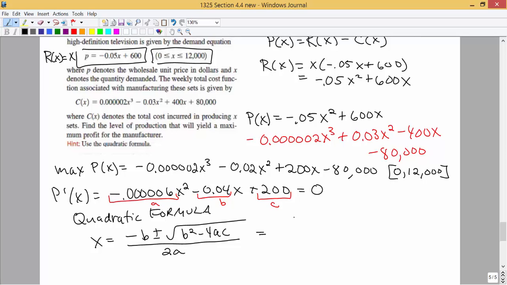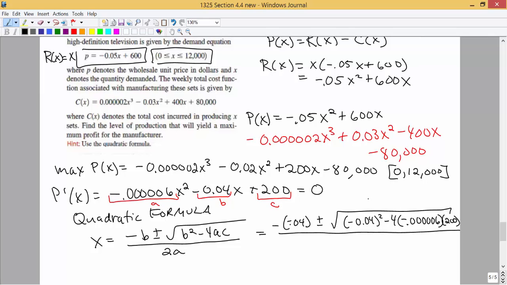So we end up getting minus a negative 0.04 plus or minus the square root of b squared minus 4 times a times c all over 2 times a.